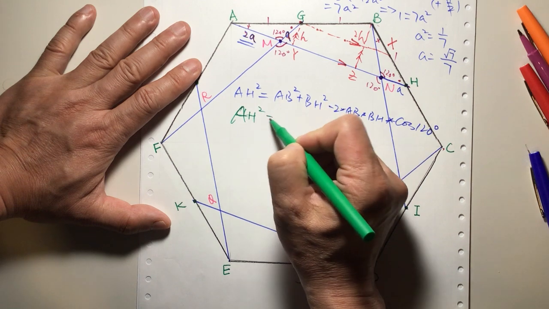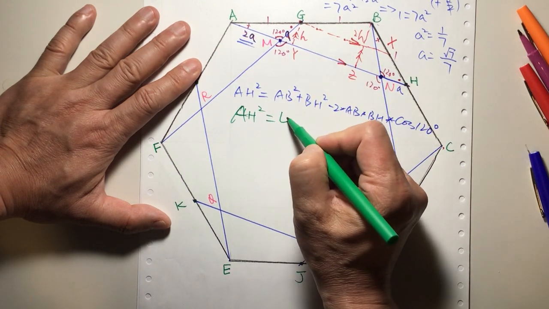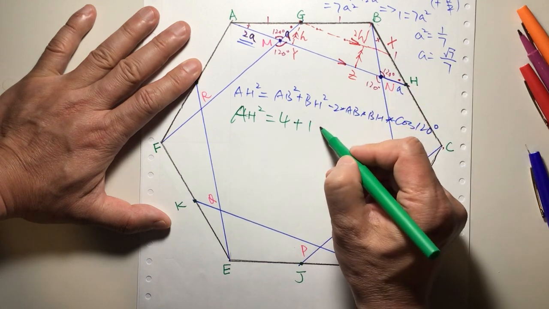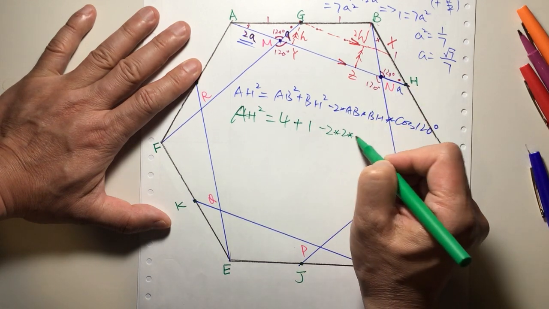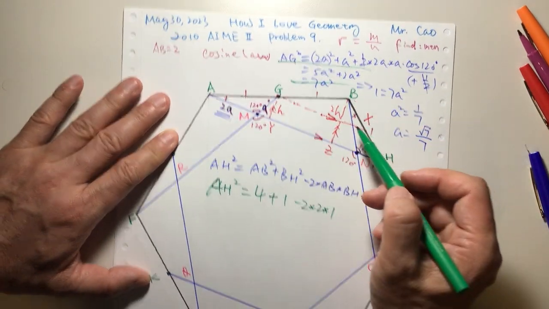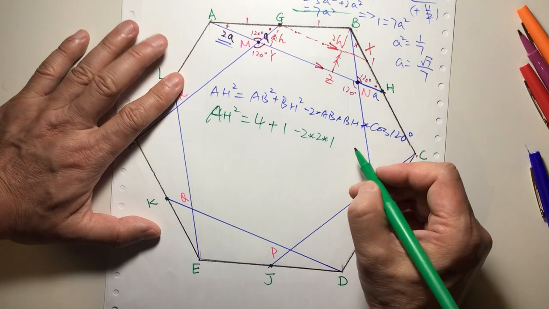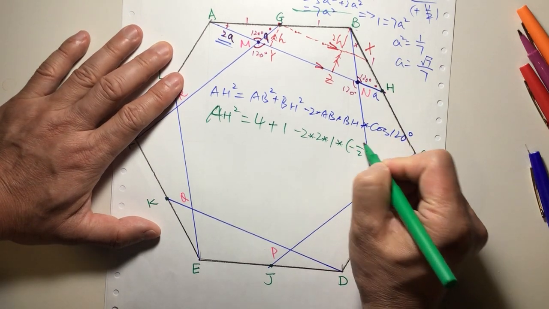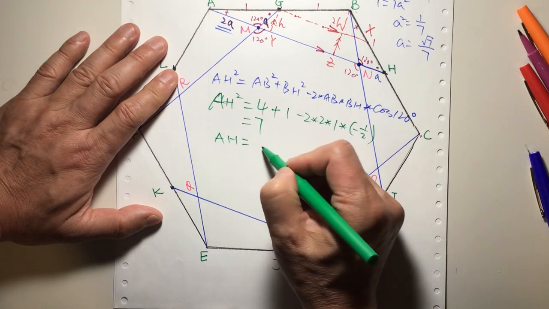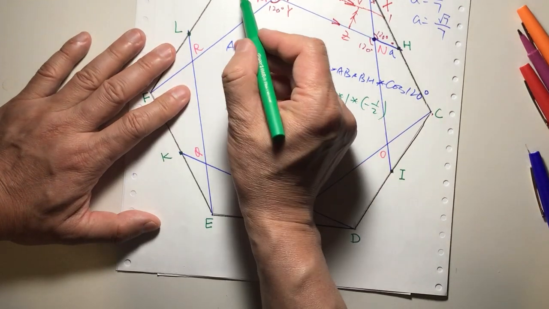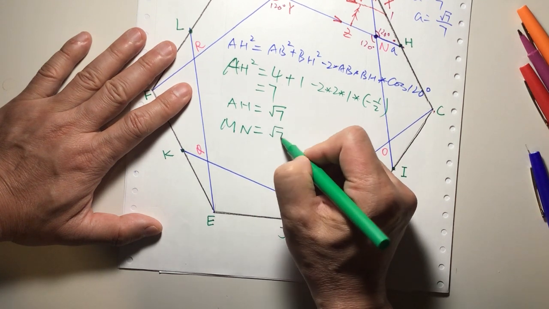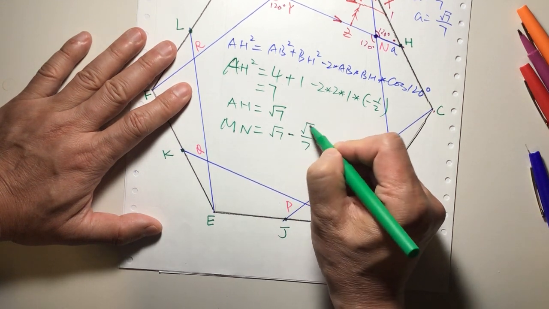AH squared equals AB, that's 2 squared, that's 4, plus this is 1, minus 2 times 2 times 1. Oh, it's almost the same thing as this one, right? And times negative 1/2, so it's 7. We got AH equals square root of 7. Then we will get MN equals square root of 7 minus 3 times square root of 7 over 7.